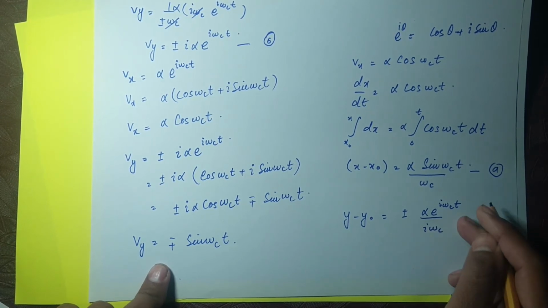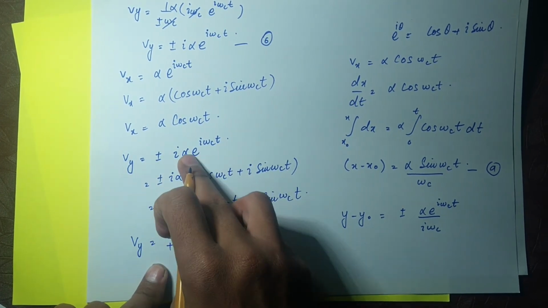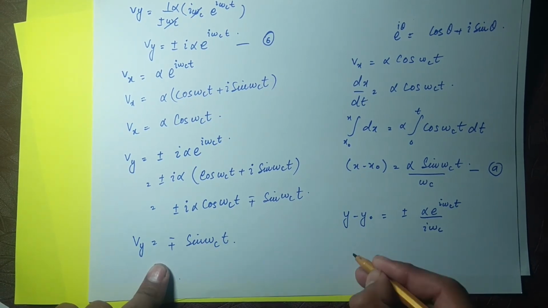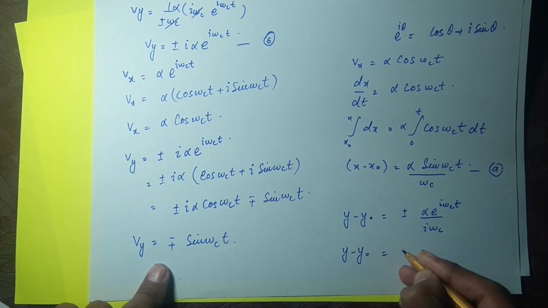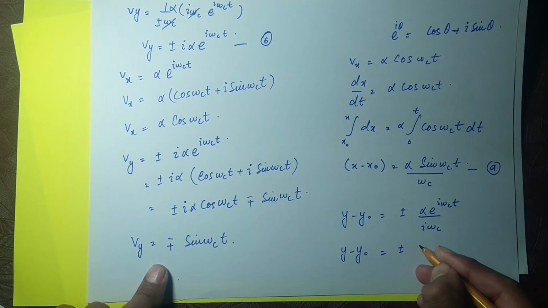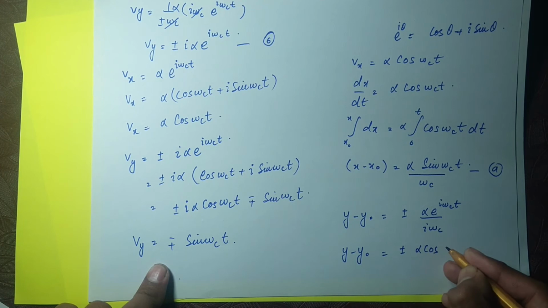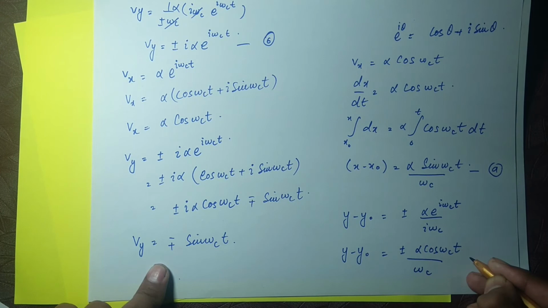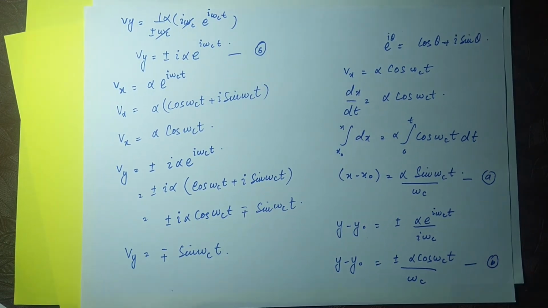And if you integrate the other equation, you will get plus minus alpha cos of omega c t over omega c. We are going to write this as equation number b. This is equation number a and this is equation number b.